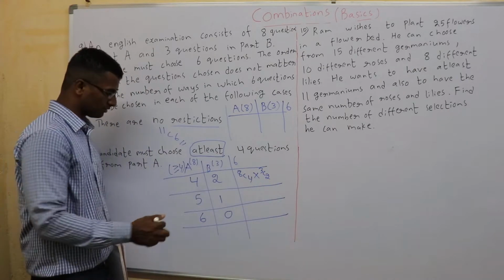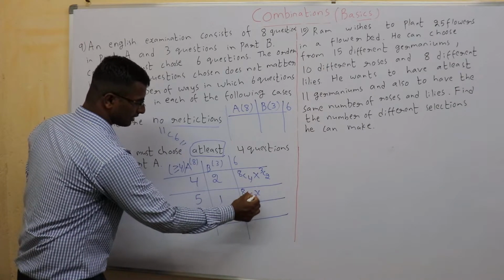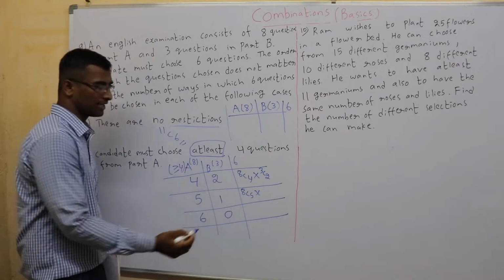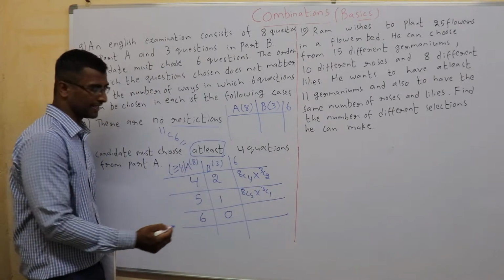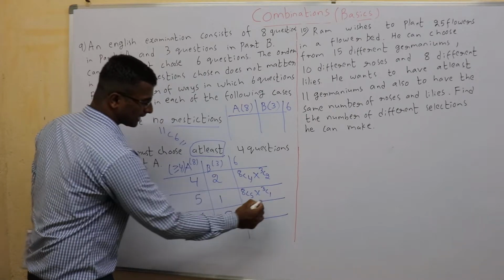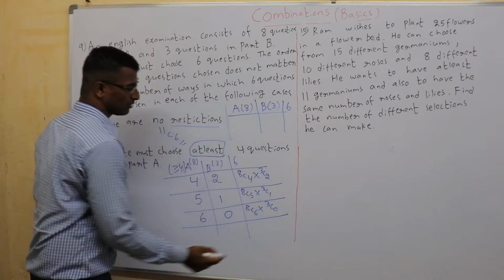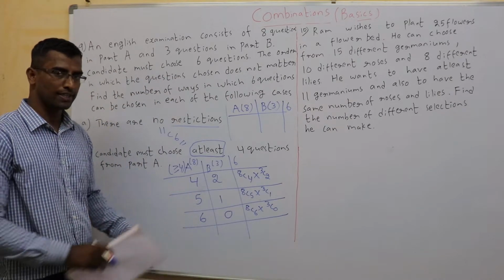The second row: from 8 you are selecting 5, 8C5, and from 3 you are selecting 1, 3C1. From 8 you are selecting 6, so 8C6, and from 3 you are selecting 0, so 3C0.